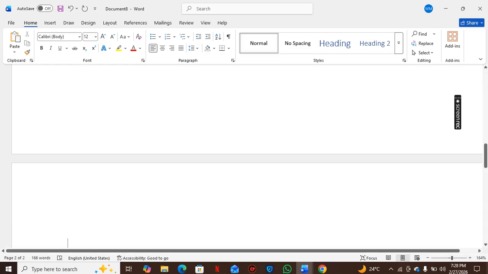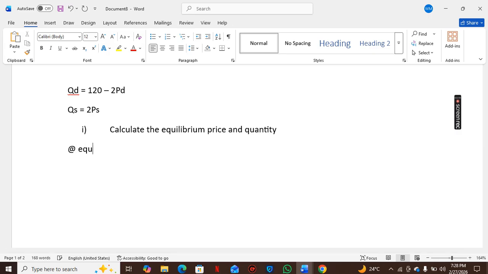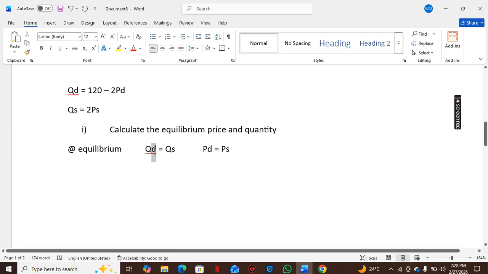So remember, at equilibrium, quantity demanded for a good equals the quantity supplied for the good, and also the price paid for the good by the customer is equal to the money received for the good by the seller.